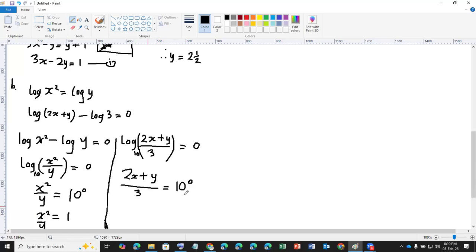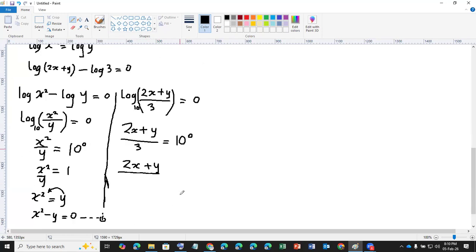Okay, so here we go. The power of 2x plus y over 3 to the base 10 equals 0. That's what happens. So this equals 1.